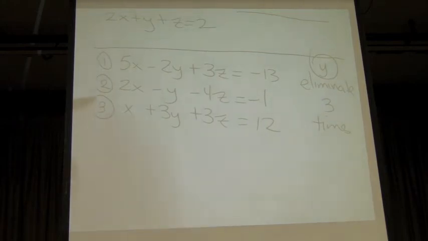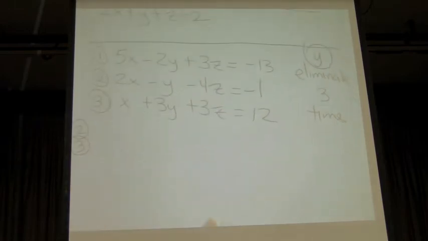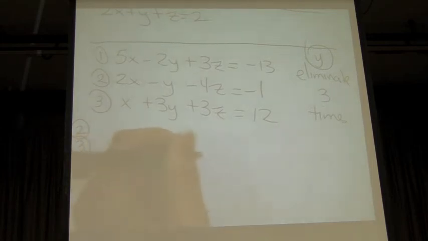Okay, so I'm going to start by taking equation 2 and equation 3. I'm going to take those 2 equations and add them together. My goal, eliminate y. So if I want to eliminate y, which equation am I not going to do anything to? 3. I'm just going to write it down. x plus 3y plus 3z equals 12.